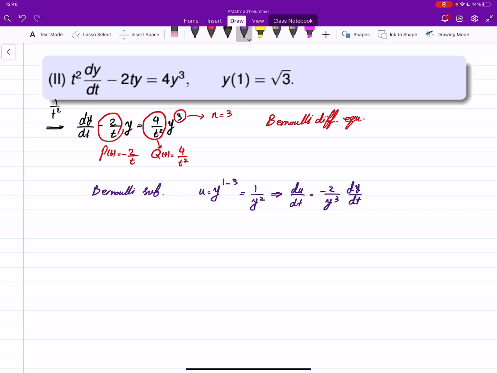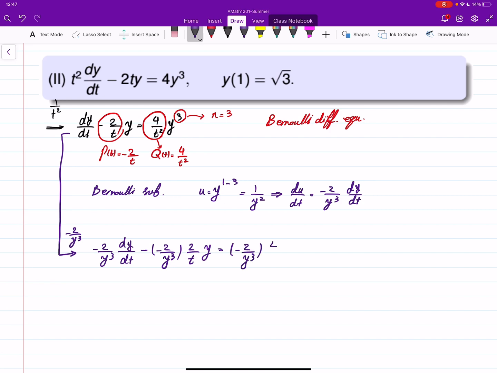So if I apply everything, if I multiply everything by negative 2 over y cubed, I will get, let me just write these ones. 2ty, and then minus ty cubed, 4 over t squared y cubed.